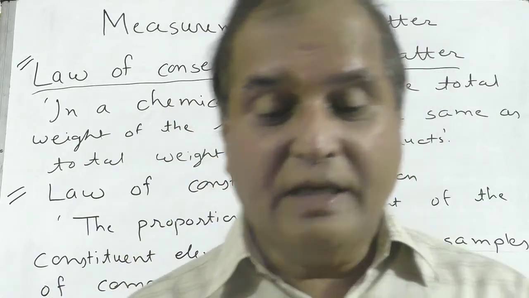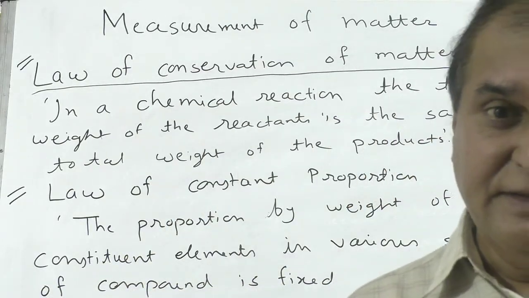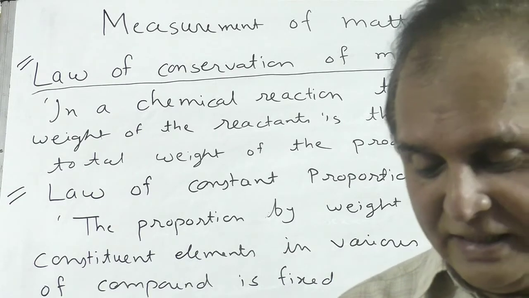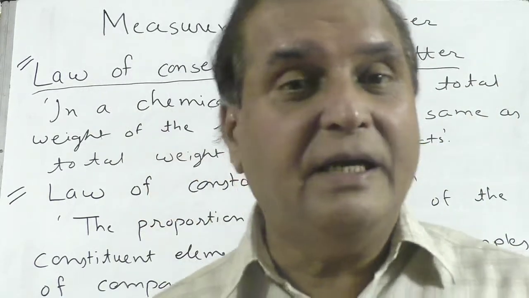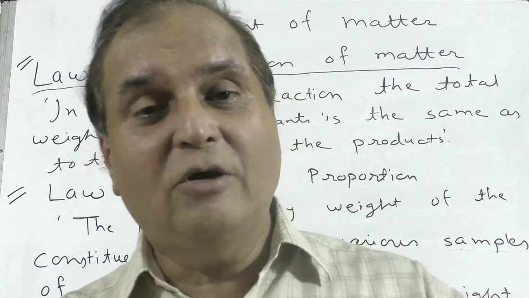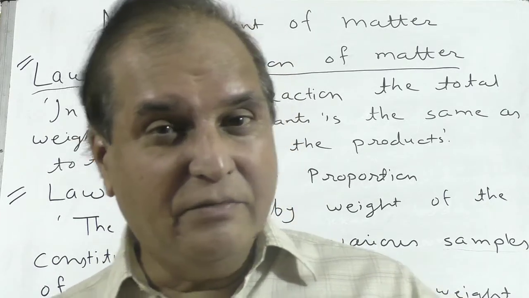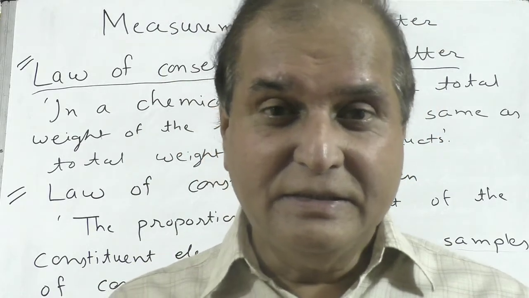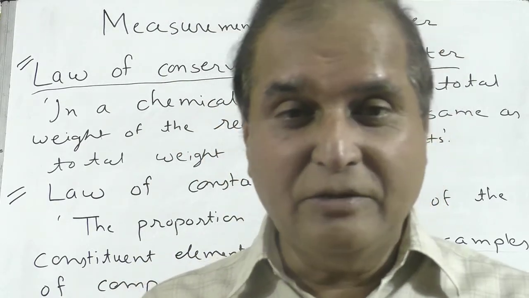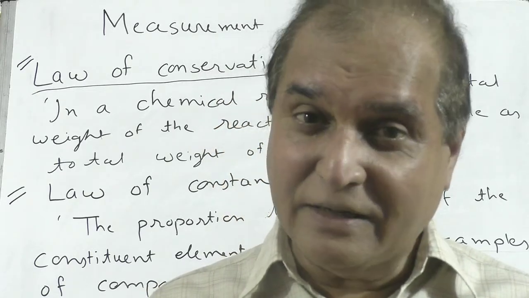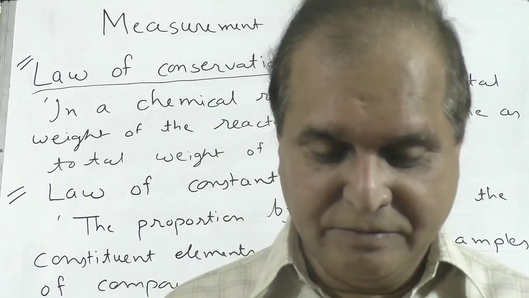So for chemical reactions, the first basic law is that in a chemical reaction matter is not lost. You can take the experiment. In one experiment, you take some reactants, mix them. I am not talking about a mixture, but a proper compound.